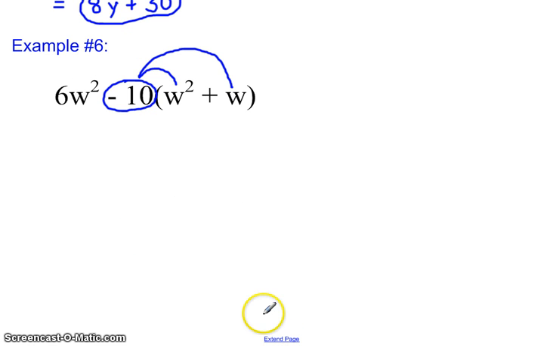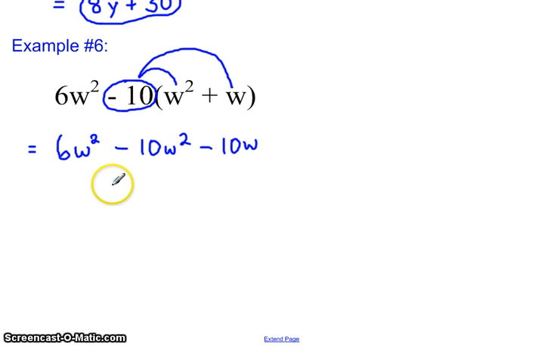So I'll give myself a little room here. Don't forget the 6w squared. But negative 10 times w squared would be negative 10w squared. And negative 10 times w would be negative 10w.